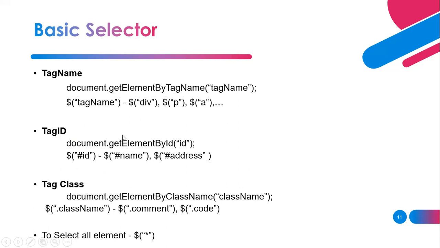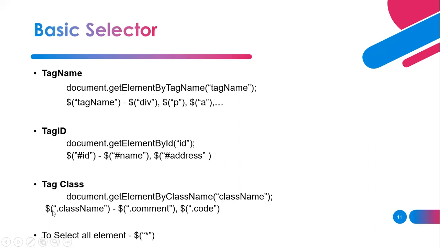And the last is class. For the class, it's similar to the ID. We need to add something before the name, but for the class, we need to add the dot. So for the tag, we don't need to add anything, we just write the name. For the ID, we must put the hash sign before the name of the ID.